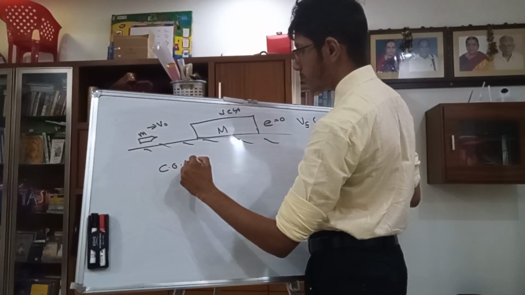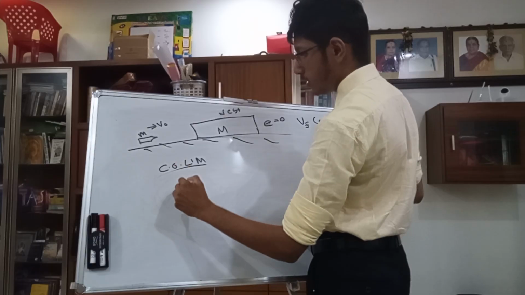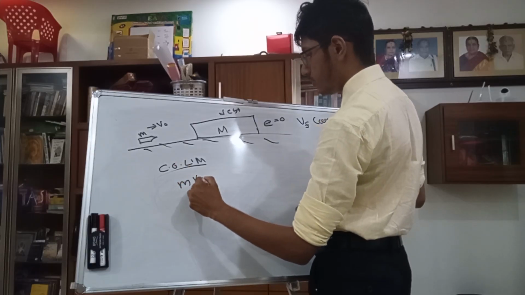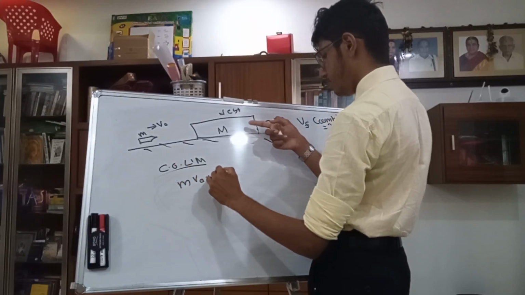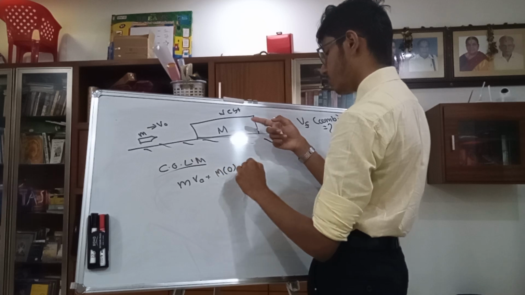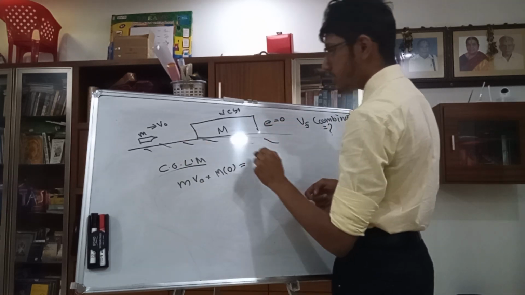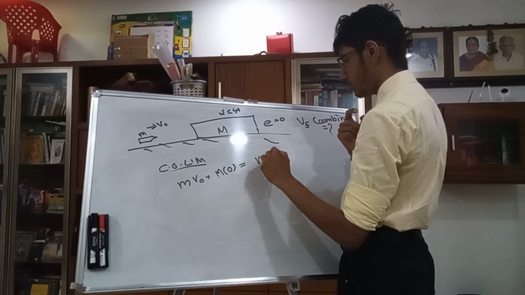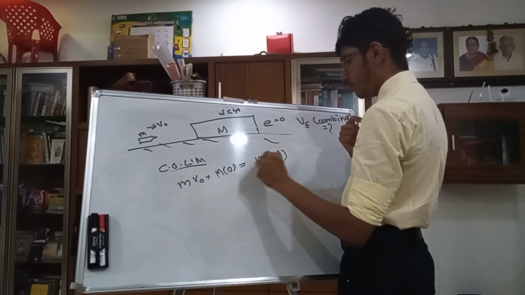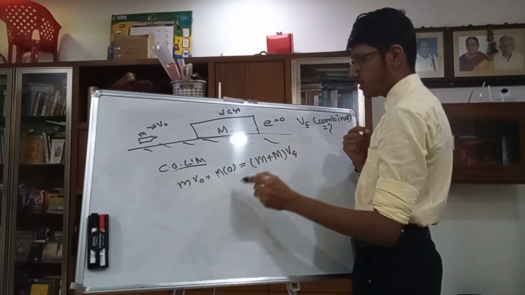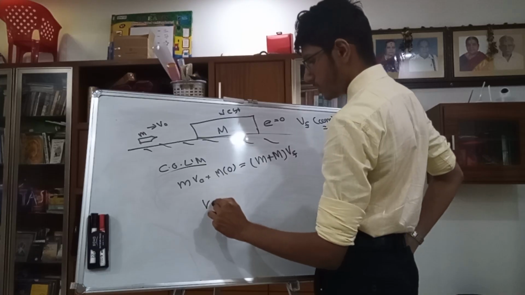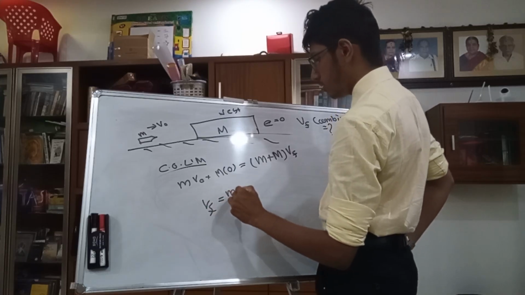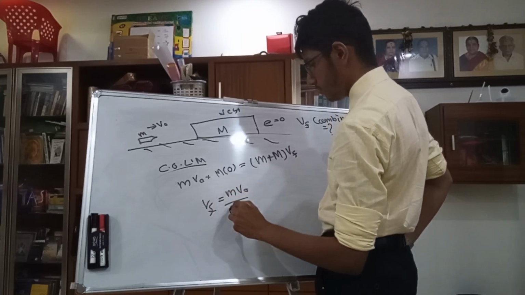Conservation of linear momentum: m v naught plus M times 0, since its velocity is 0. Now the final momentum is total mass, M plus m, with final velocity. They are asking the final velocity, so Vf is equal to m v naught by M plus m.